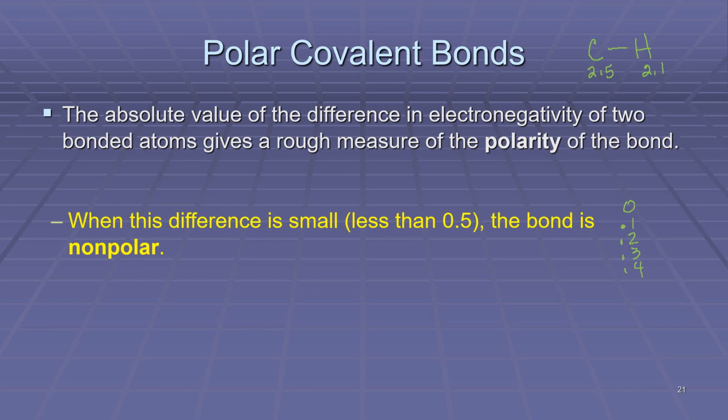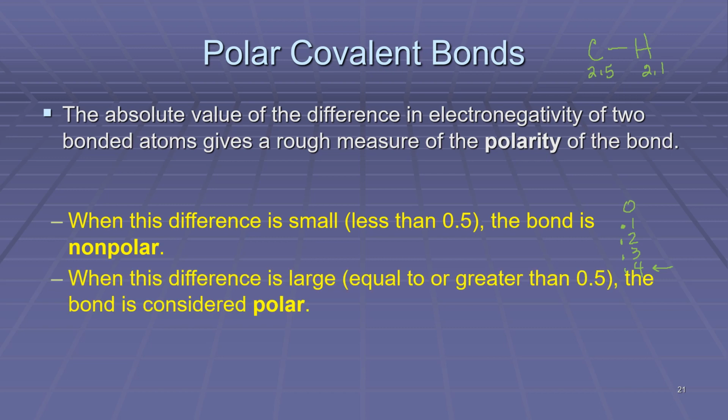And again, like I said, some books might call 0.4 polar and some don't. I'm just going to go with anything less than 0.5 being nonpolar. If the difference is larger, meaning equal to or greater than 0.5, then the bond is considered polar. So an example there would be OH.